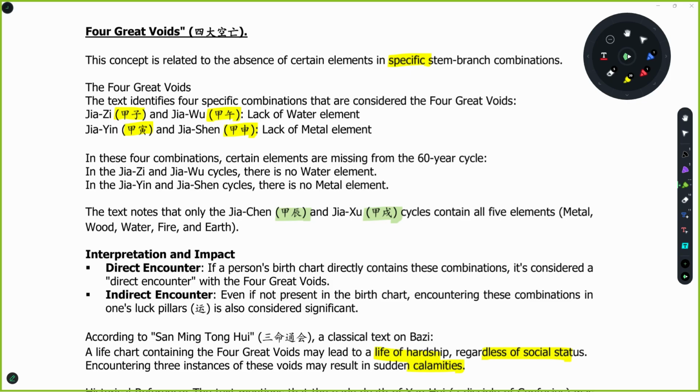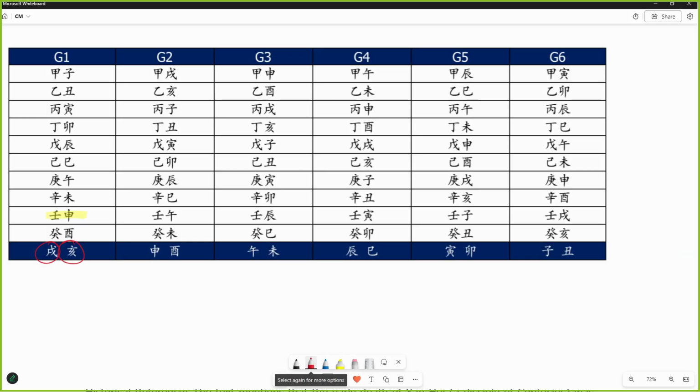Okay, and if we look into Jiazi, what happens here is that the 4 great voids begins with number 1, Jiazi, because what is missing is water. So water is missing. There you can see.